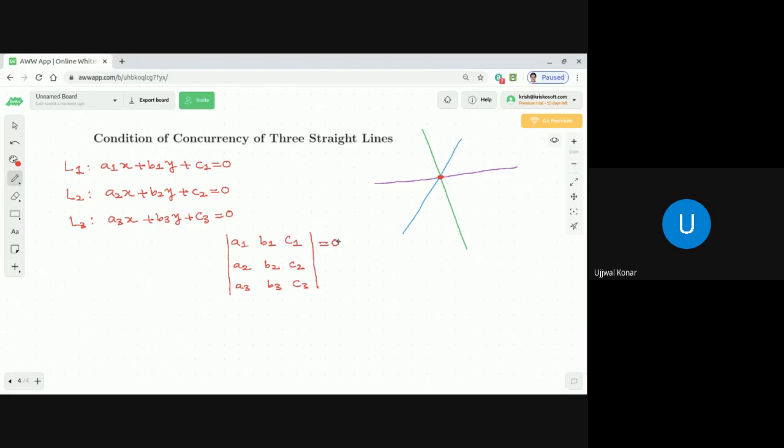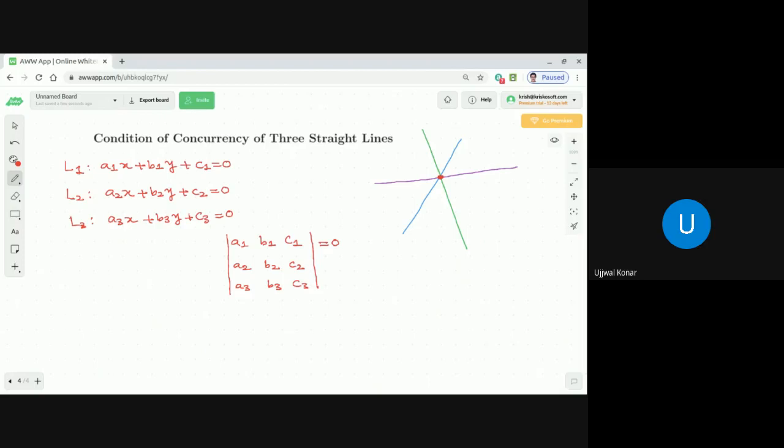And this condition is both necessary and sufficient. That means what, dear students? That means if we find that for some values of a1, b1, c1, a2, b2, c2, a3, b3, c3, the determinant is equal to 0, we can conclude that the three straight lines L1, L2, L3 represented by the equations a1x plus b1y plus c1 equal to 0, a2x plus b2y plus c2 equal to 0, and a3x plus b3y plus c3 equal to 0 are concurrent.